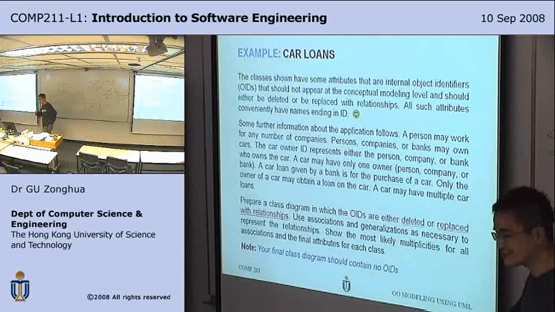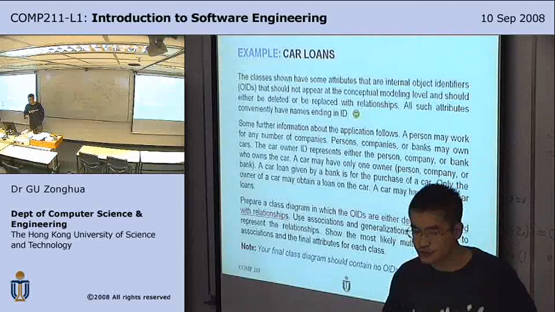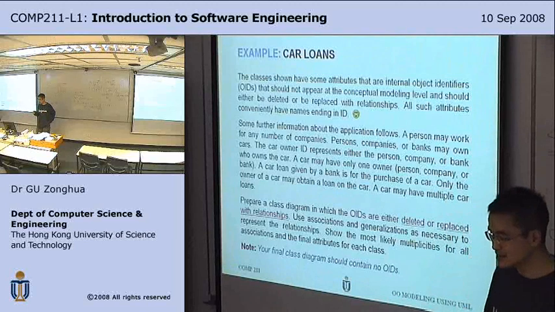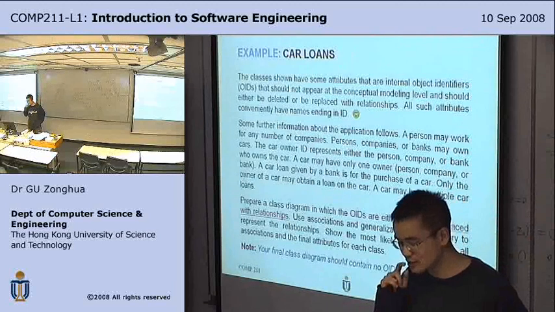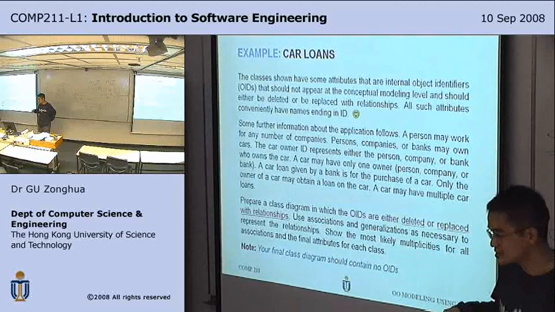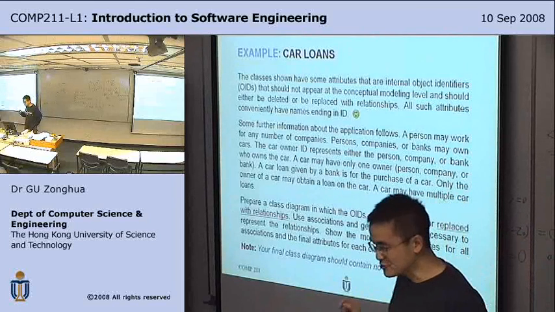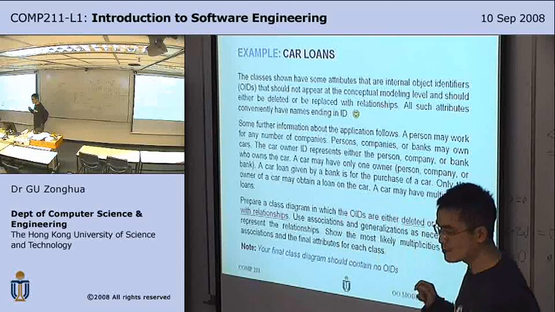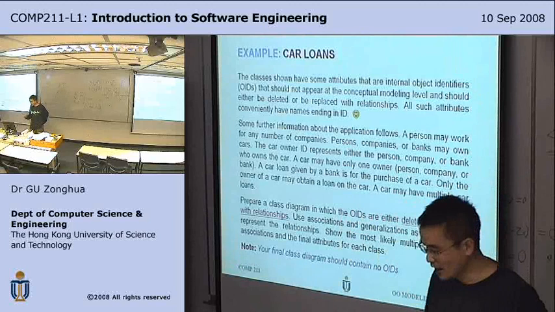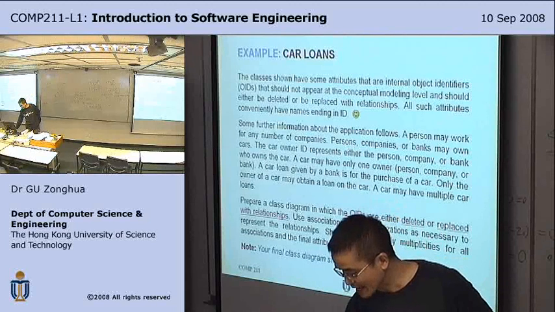You can do SQL queries across the two tables by navigating by this common column. But in this case, we really use associations in the UML diagram level to represent links between different classes.